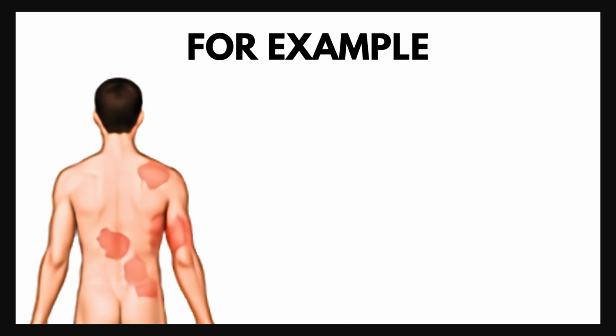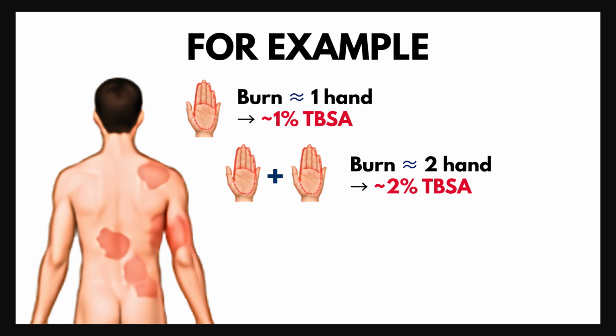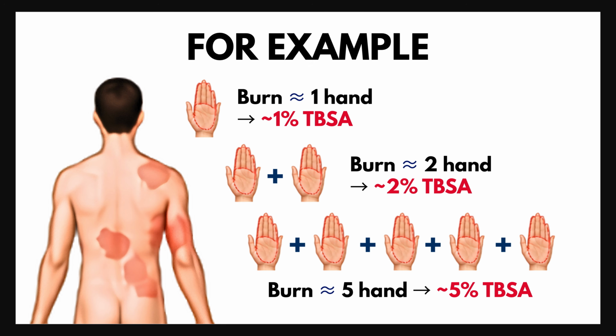For example, burn approximately one hand leads to approximately 1% TBSA. Two hands, approximately 2% TBSA. Five hands, approximately 5% TBSA.